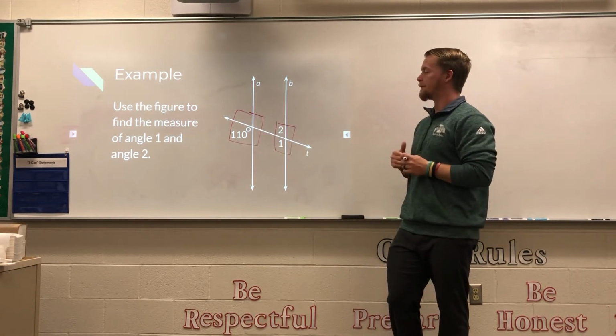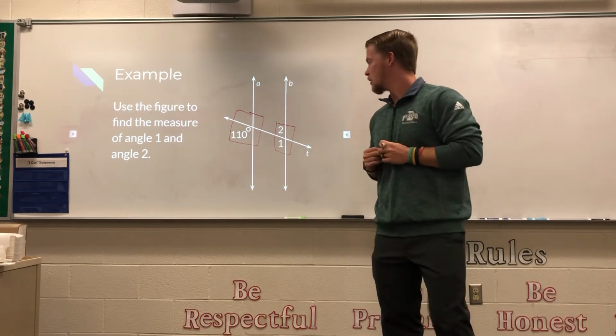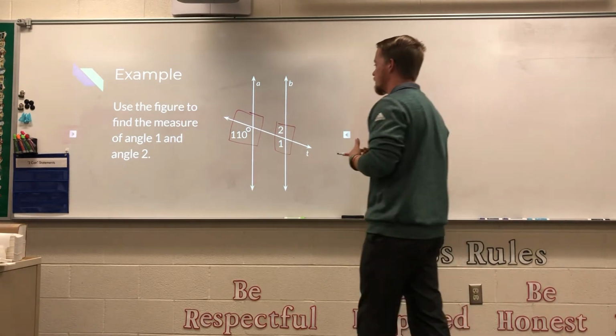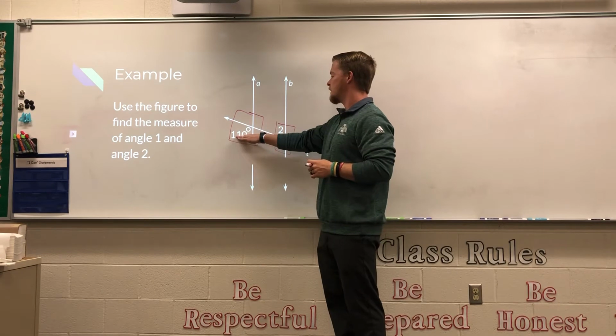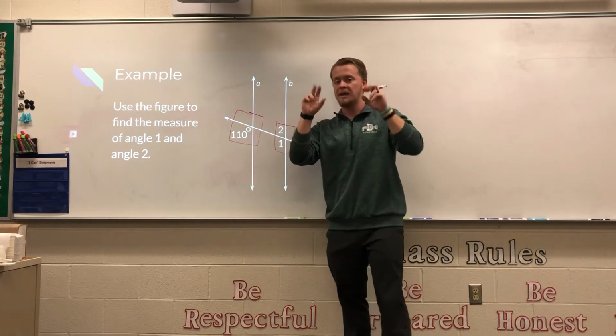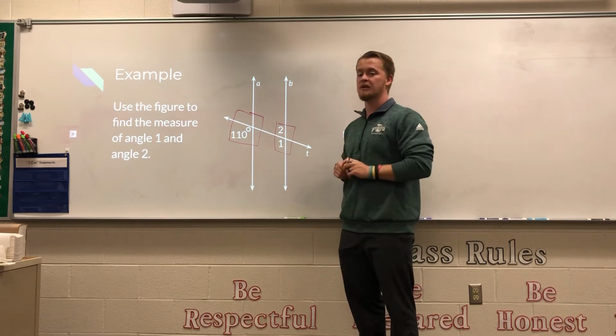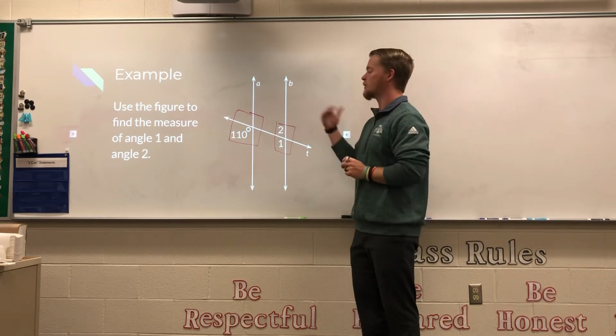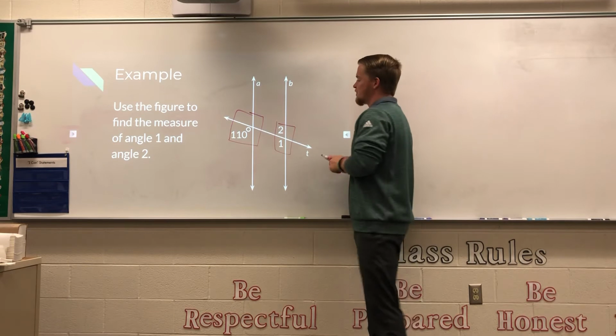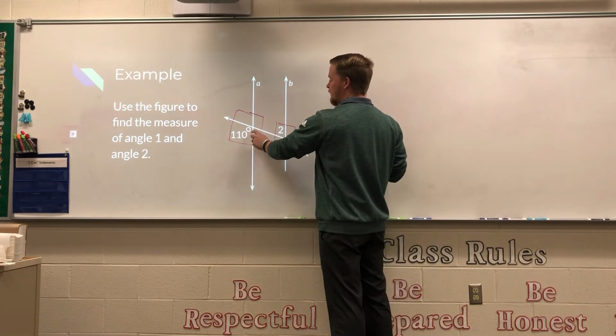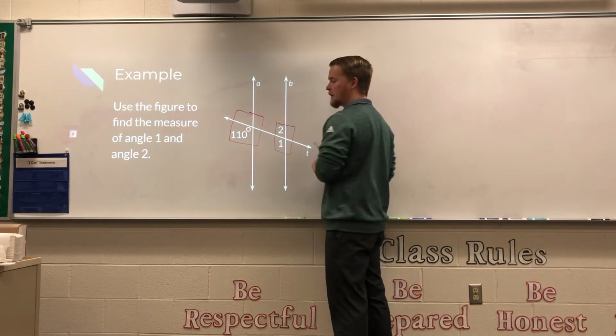So again, the first thing I'm going to do if I were doing this problem is take 110 and look for its corresponding angle. Remember, corresponding means in the same position in the other box. So 110 is in the bottom left of these four angles.